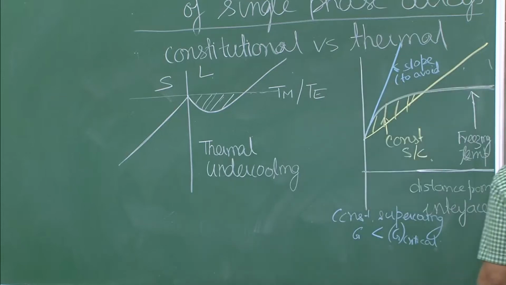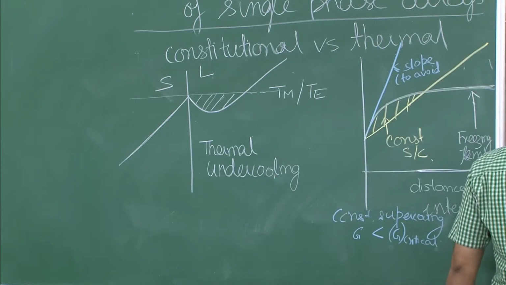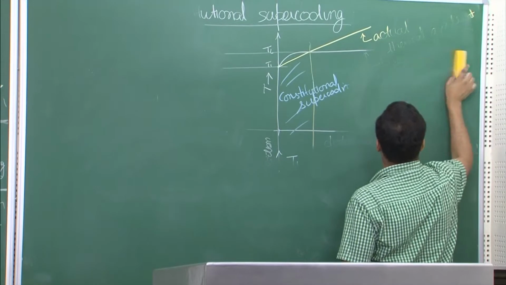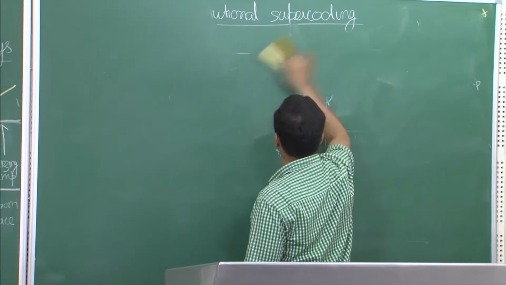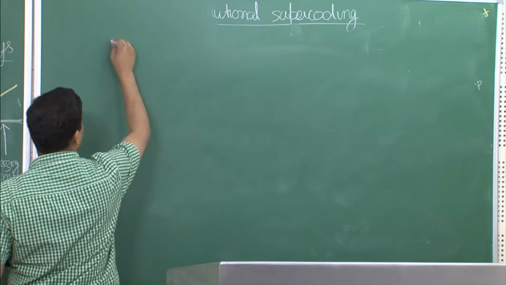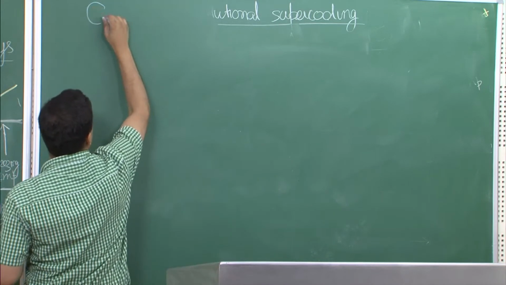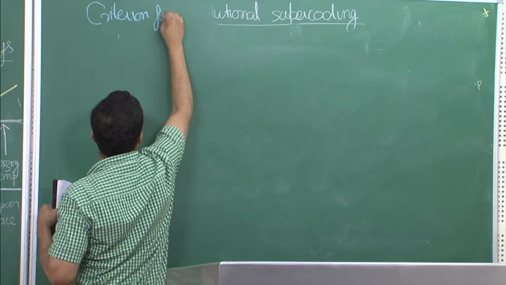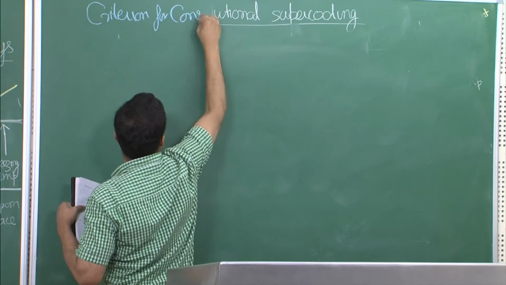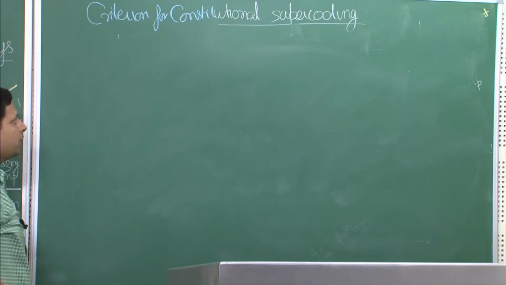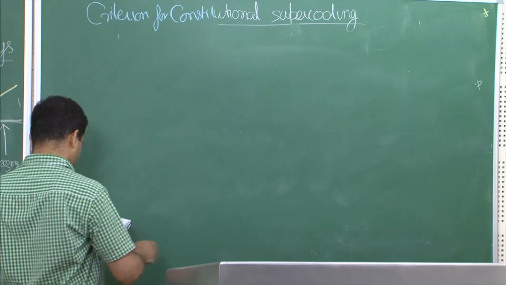So let us look at the formulation to describe this critical gradient. So now we are looking at the criterion for constitutional supercooling.